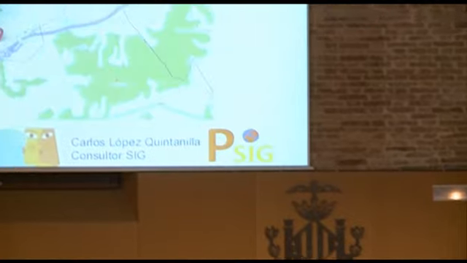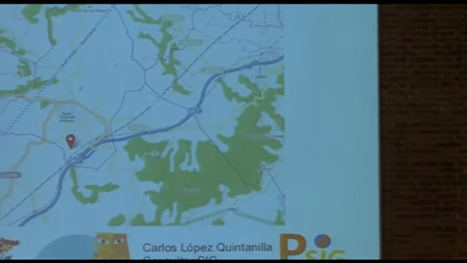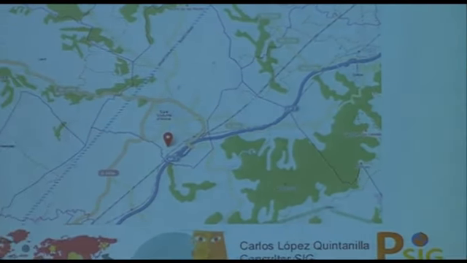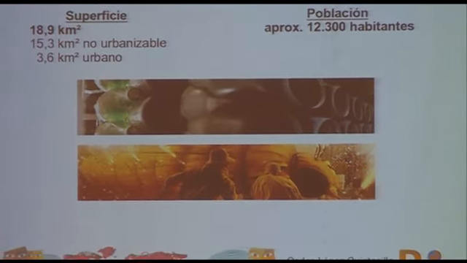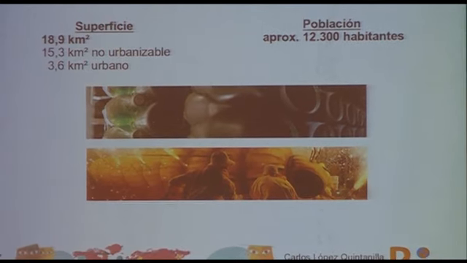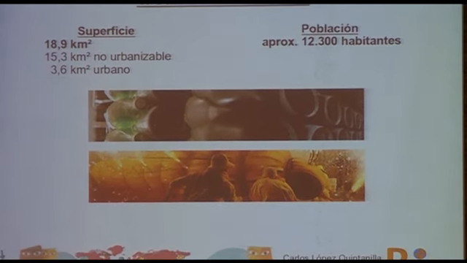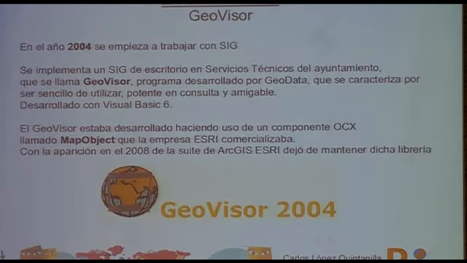This is along the main motorway connecting the southern Mediterranean coast with the north of France. The surface area is quite small, 18.9 square kilometers. The urban area is 3.6 square kilometers, 12,300 inhabitants.